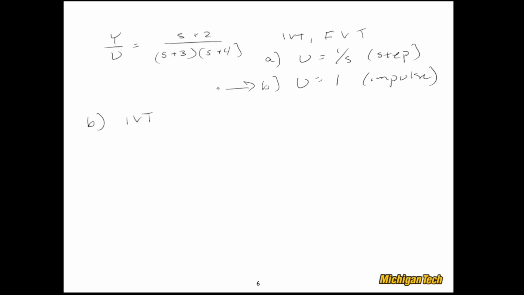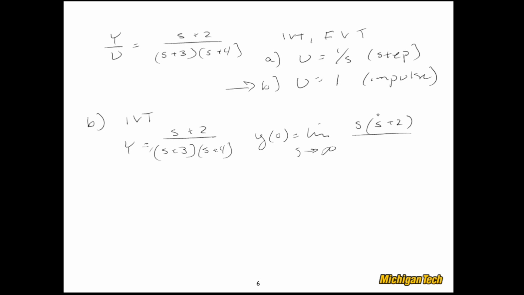When capital U is equal to 1, then y of s is just s plus 2 over s plus 3 and s plus 4. The initial value theorem says that y at time equals 0 is equal to the limit as s goes to infinity of s plus 2 over, I'll multiply this back out, s squared plus 7s plus 12.